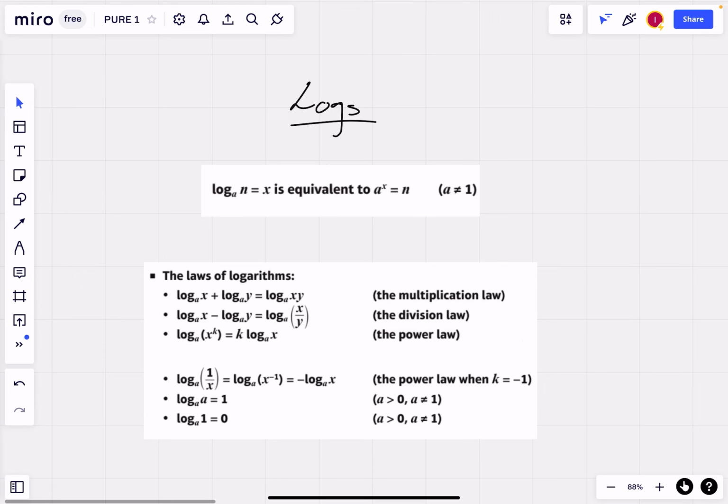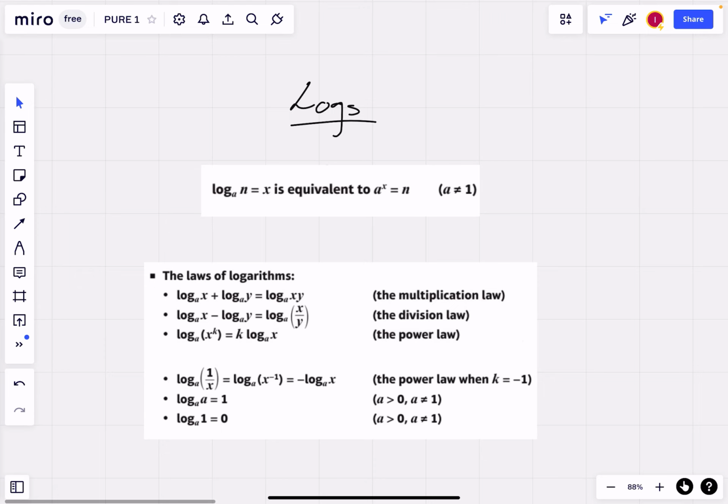So the first is the equivalence rule. Log base a of n equals x is equivalent to a to the power of x equals n.